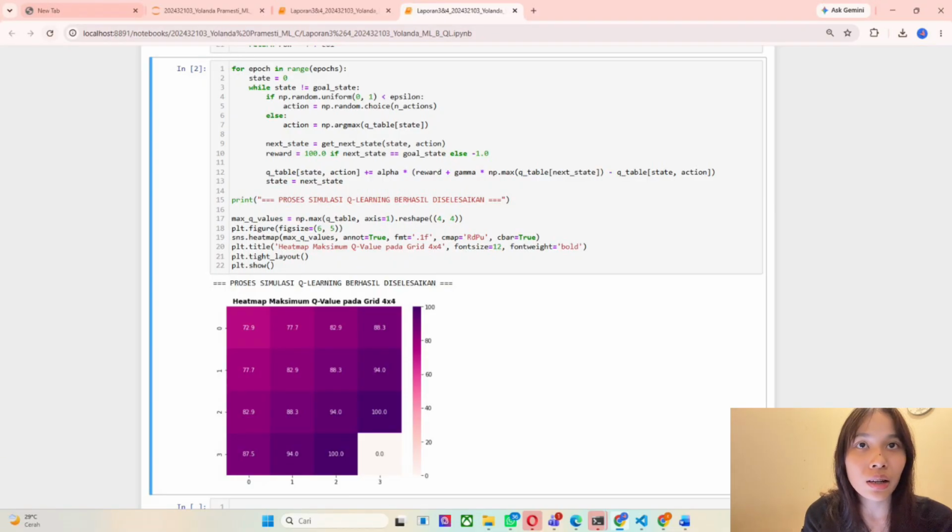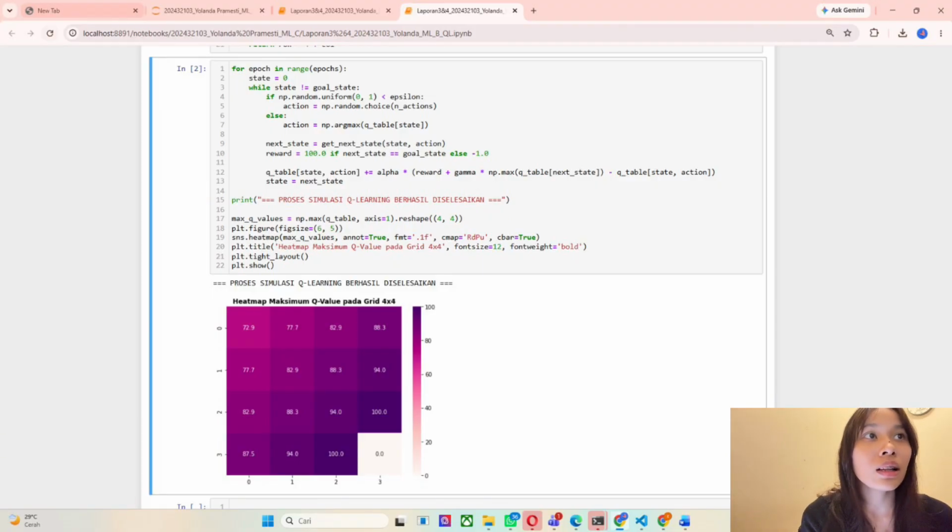It receives a reward of plus 100.0 upon landing on cell 15 and a penalty of minus 1.0 for ordinary steps. The Q-table updates at every single step using the temporal difference equation. The output is beautifully visualized using a pink pastel heat map, RdPu.